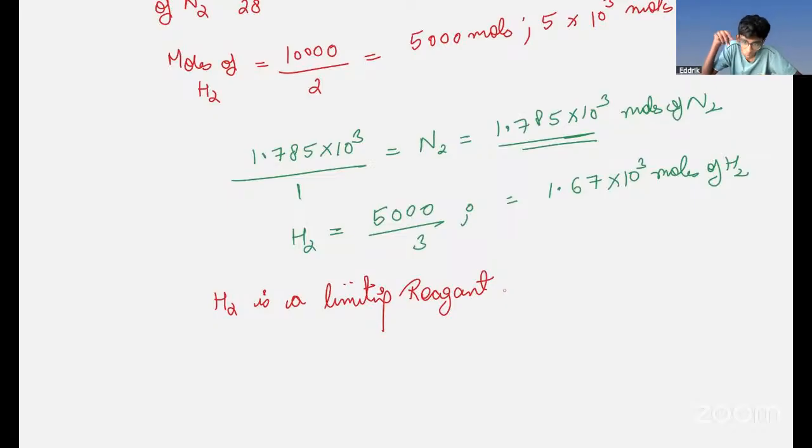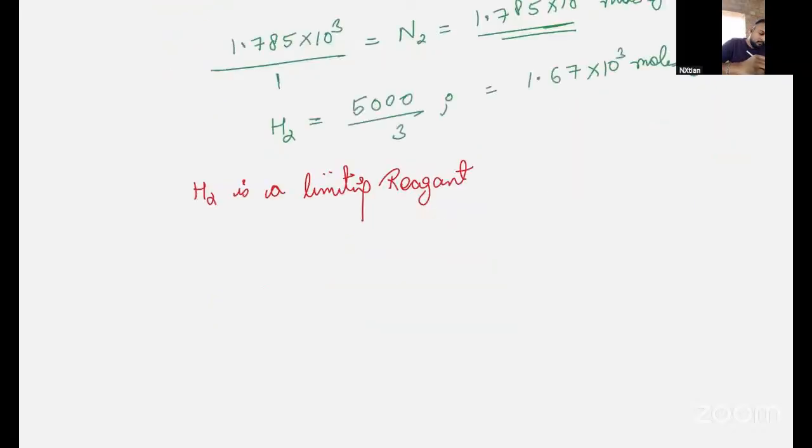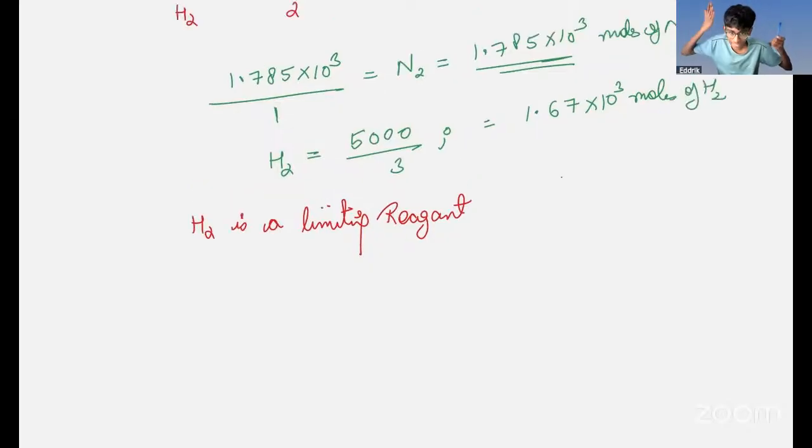That means only 1.67 into 10 power 3 moles will be formed, and even though N2 can give 1.785 into 10 power 3 moles, it will stop at 1.67 into 10 power 3 moles.